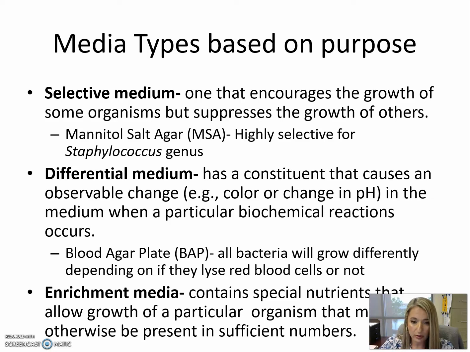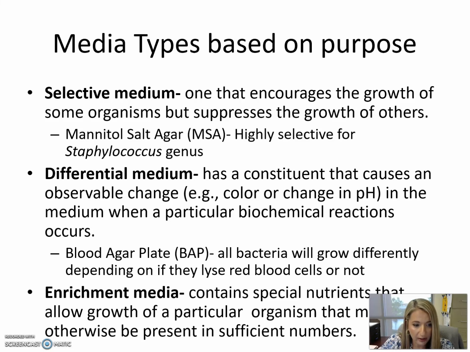Most bacteria, when you expose them to salt, will shrivel and die. The exception to that rule is any type of Staphylococcus bacteria. They love salt because they're well adapted to surviving on the skin where there's a high salt concentration from sweat. So they're going to grow very well on this plate.